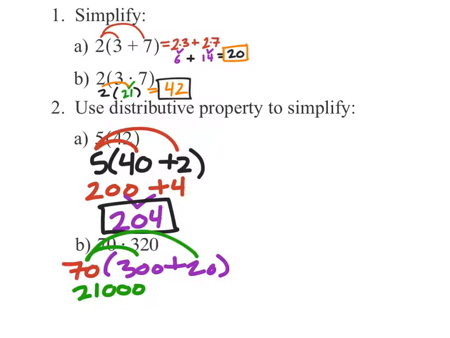Now 70 times 20, that's 2 zeros. 7 times 2 is 14. And again, we're simply adding these together. So 21,000 plus 1,400 would be 22,400.